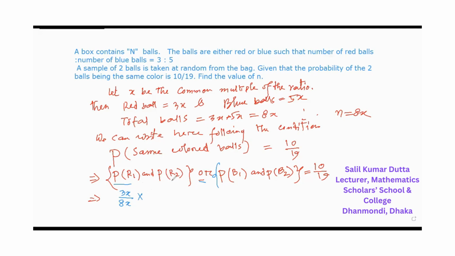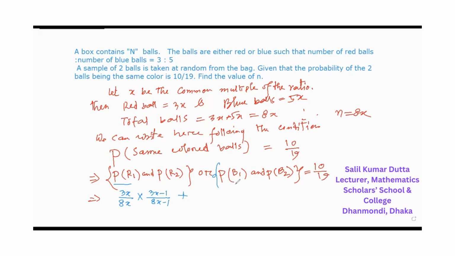Probability of red 2: that is 3x red, but here it is without replacement, that means one ball will be deducted, so 8x minus 1. That means "or" means addition, as I told you.